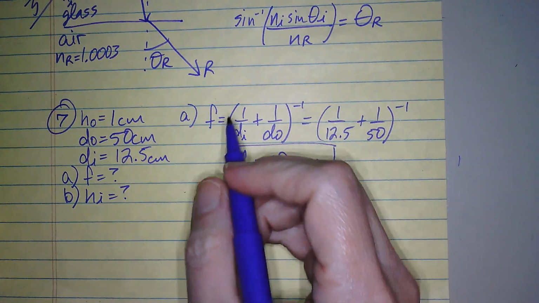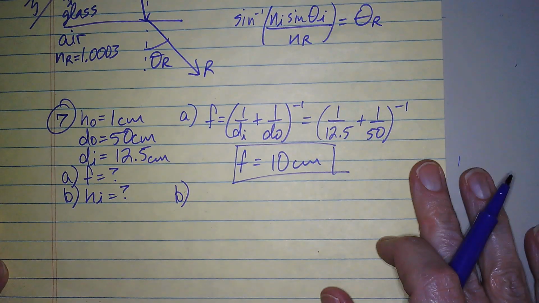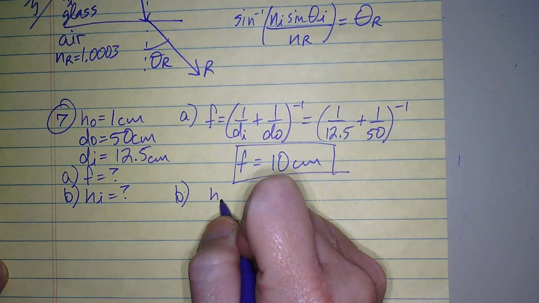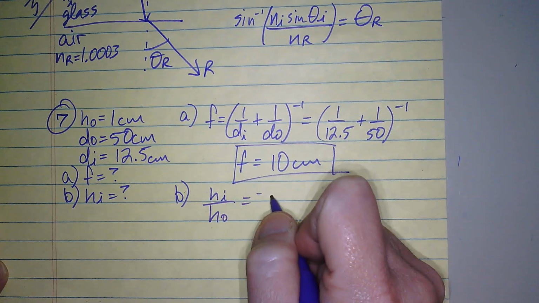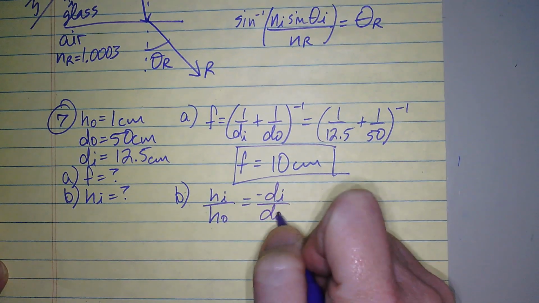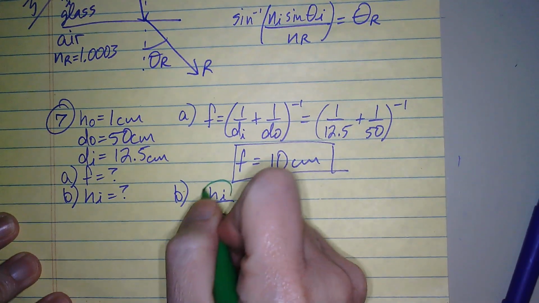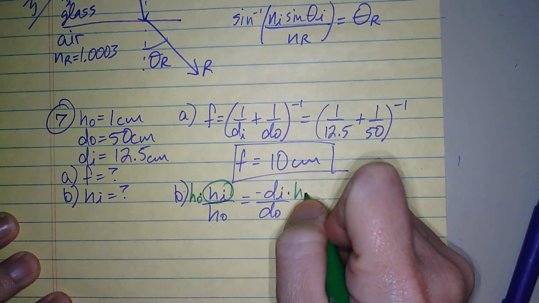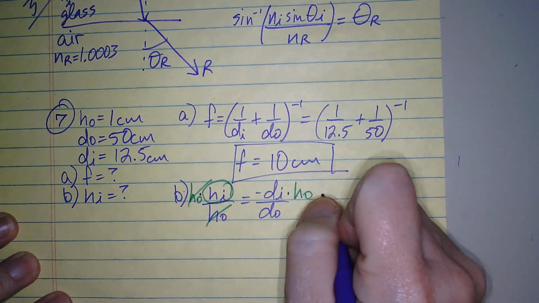So then part B, you want to find HI. I would use the magnification equation. The height of the image over the height of the object equals negative of the distance of the image over the distance of the object. I'm looking for HI, so I'm going to multiply both sides by HO. Just some simple algebra 1.